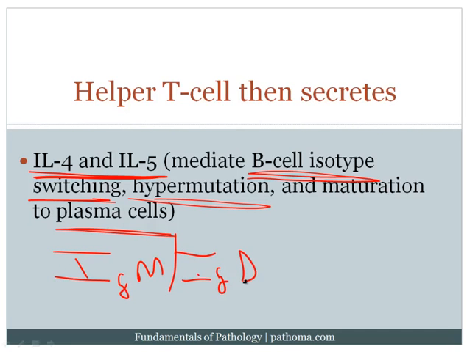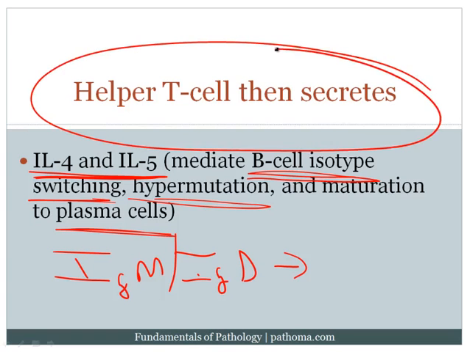But in order to go beyond IgM or IgD to be able to secrete IgG, IgE, and IgA, you're actually going to need to undergo this type of reaction from the helper T cell. Is that clear? And again, I'm going to highlight this a little bit later when we talk about immune deficiency.